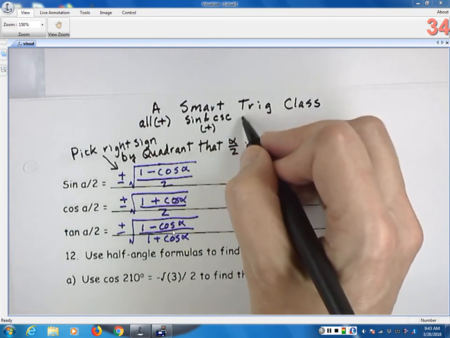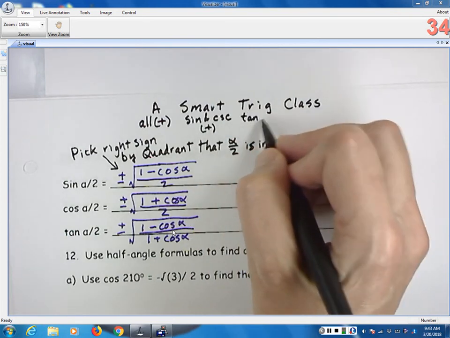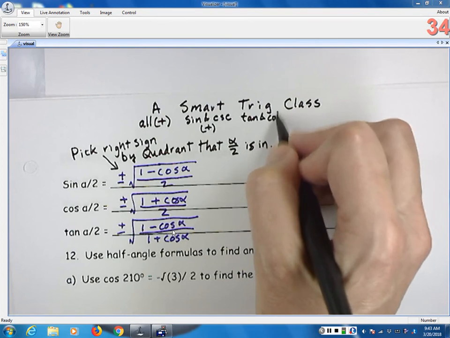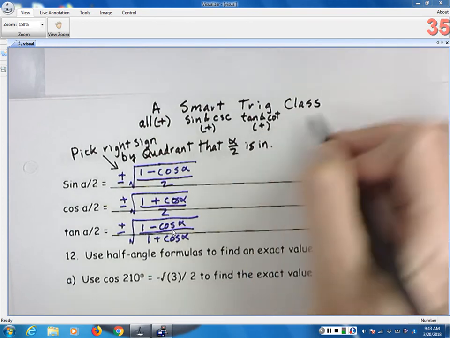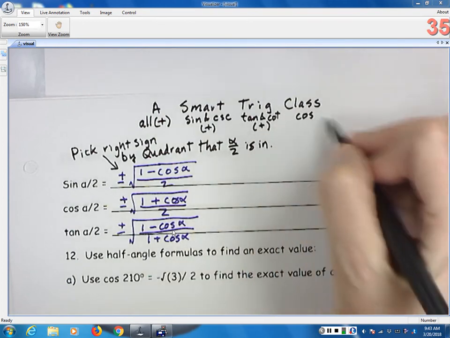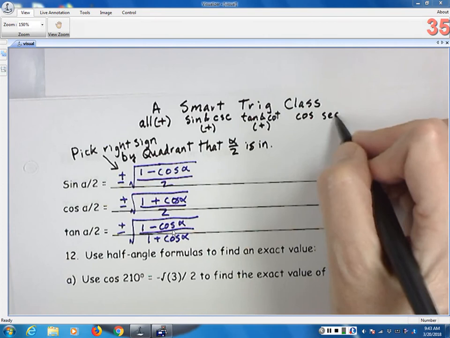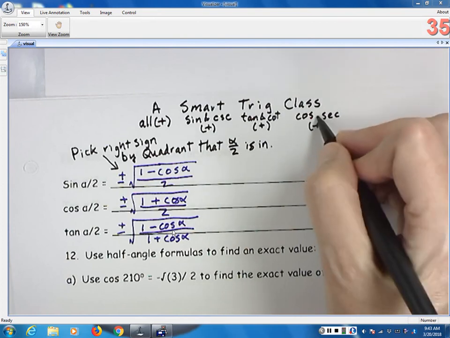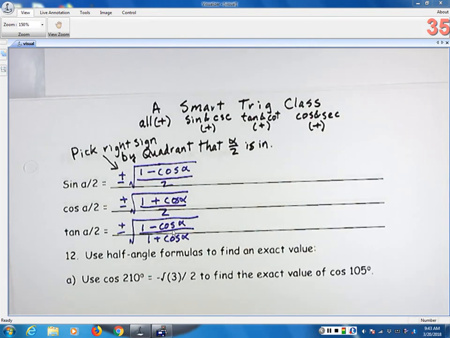This is tangent and 1 over tangent, positive. And this is cosine and 1 over cosine, secant, positive. So, a reminder of that, we have to use that.